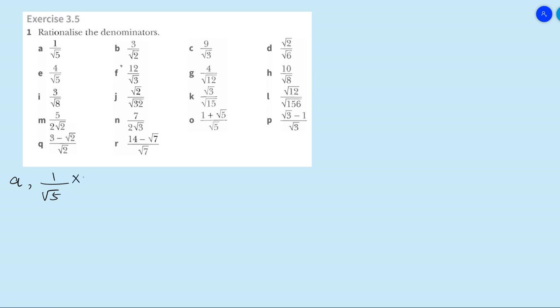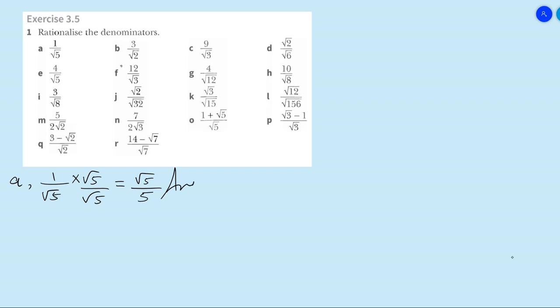Just multiply and divide by root 5. Root 5 into root 5 is root 25, and root 25 is 5. You all know the square root of 25 is 5. So the answer of this part is root 5 upon 5.